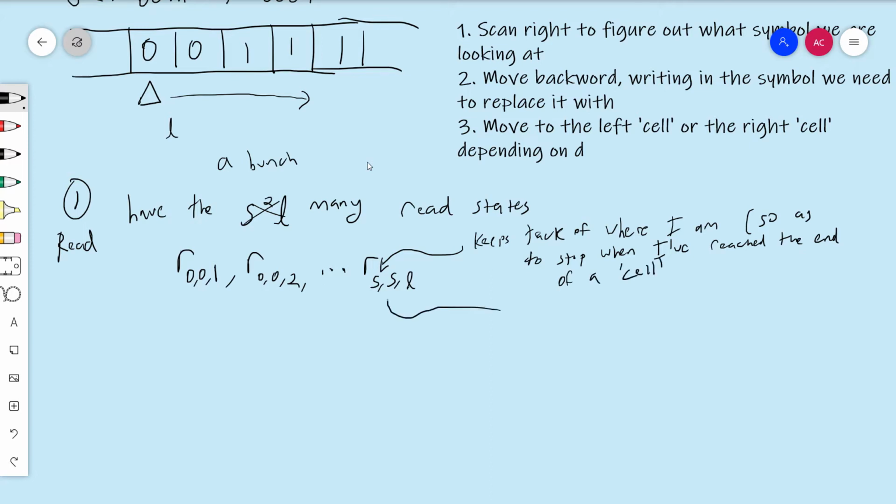And then this one keeps track of how many ones so as to determine the symbol that I'm looking at.